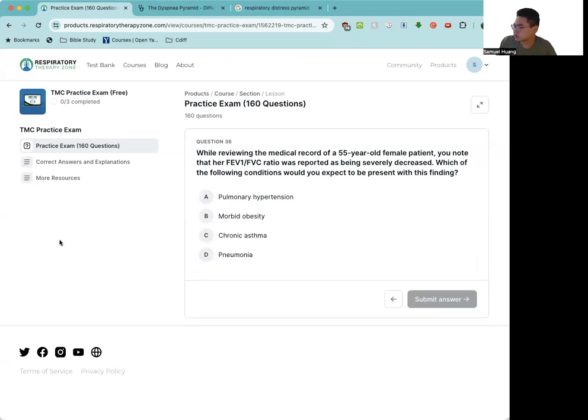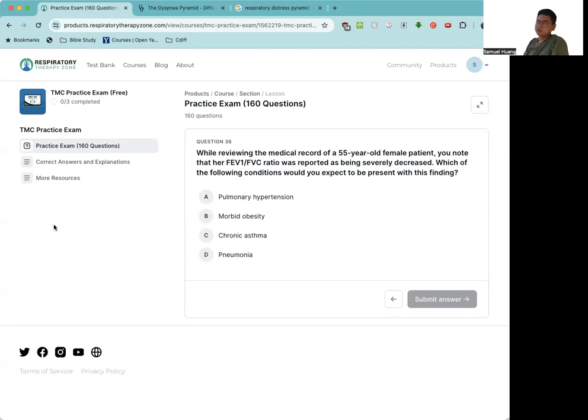FEV1/FVC ratio severely decreased. What would you expect? FEV1/FVC less than 70%. This is an obstructive problem. There's a mnemonic I like to use for obstructive problems. It's usually cystic fibrosis, bronchiectasis, emphysema, aspergillus, and then chronic bronchitis too.